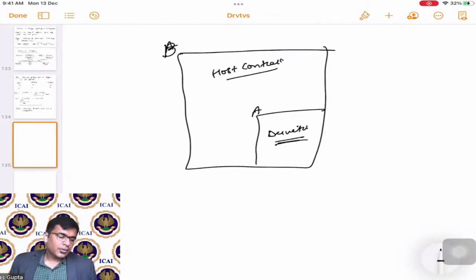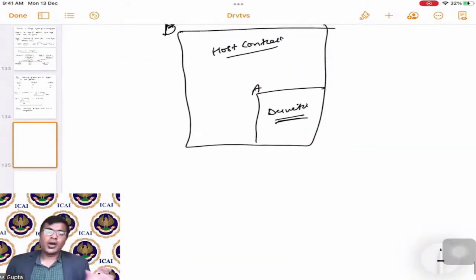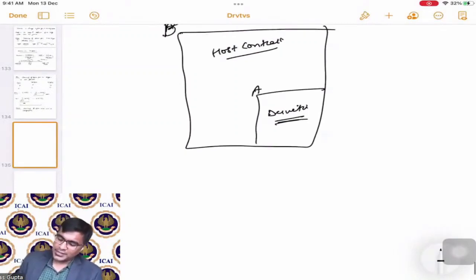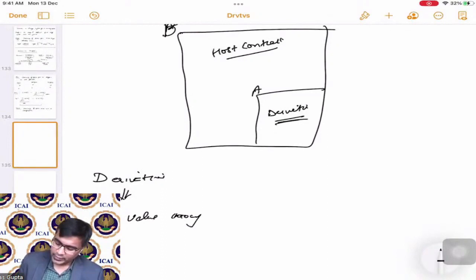Now there is a proper guideline that has been issued to us. Because if there is a derivative, it has to be accounted at fair value through P&L, correct?